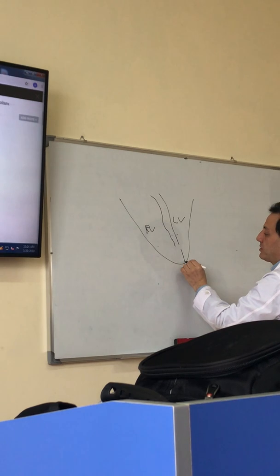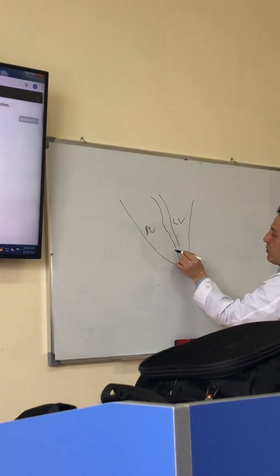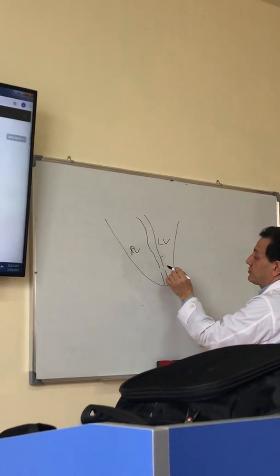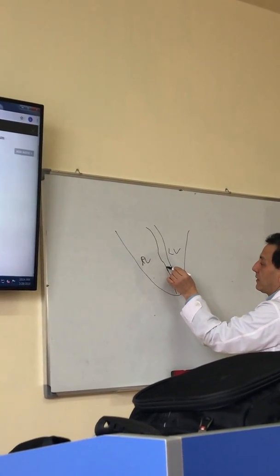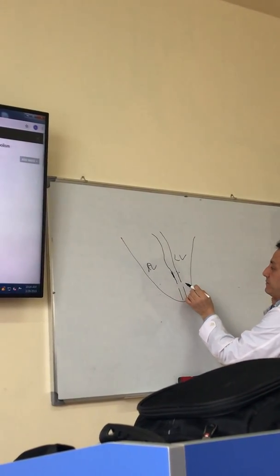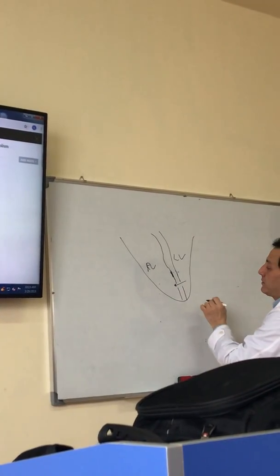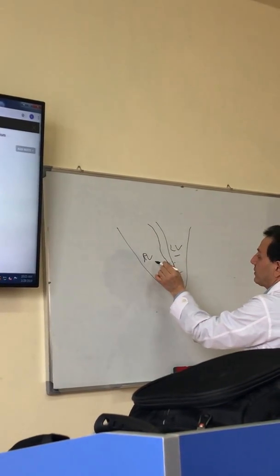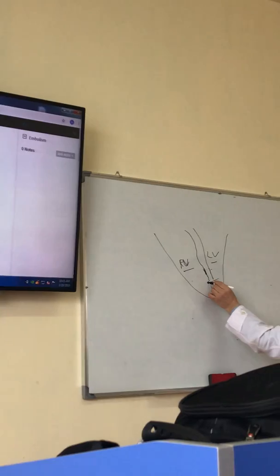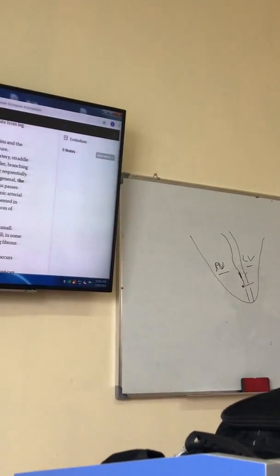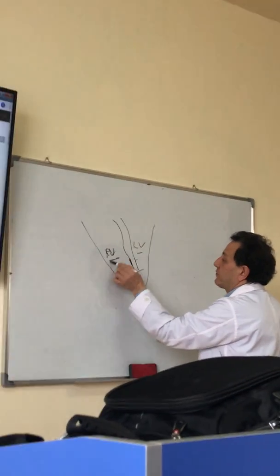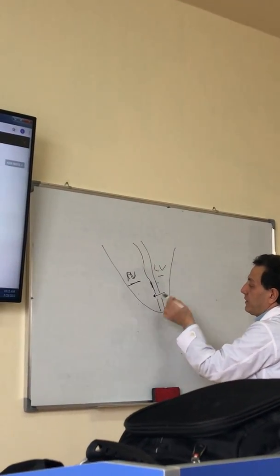Sometimes congenitally this septum is open at some area between the right and left ventricle, and the blood here from the left ventricle can go to the right ventricle, and maybe later the reverse type of streaming from right to left.